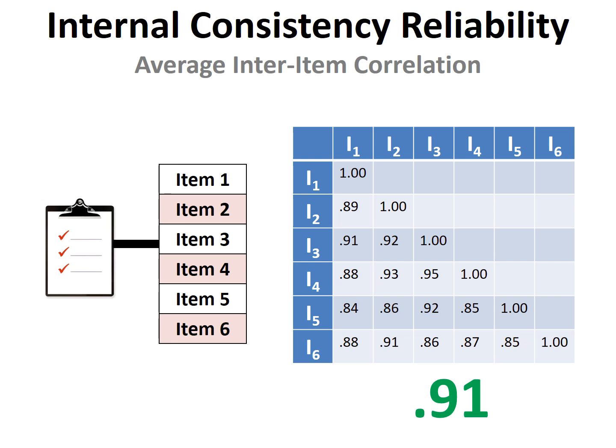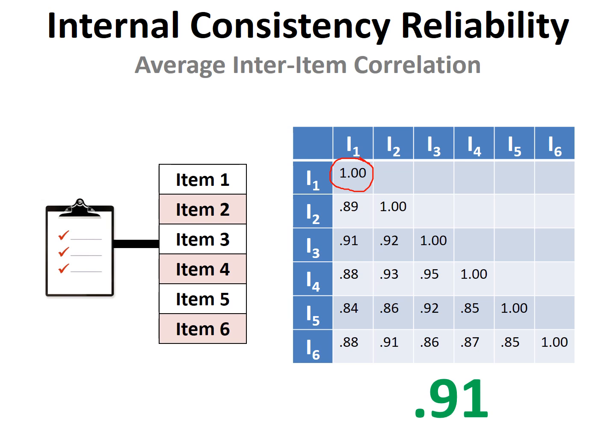Another way to measure the internal consistency of a set of items is by calculating the average inter-item correlation. So for example, if you look at this chart on the screen, we have an assessment set of 6 items, items 1 through 6, and in this case, when you correlate performance on item 1 versus item 1, it has a 1.0 correlation.